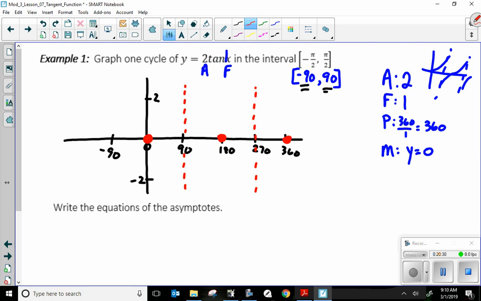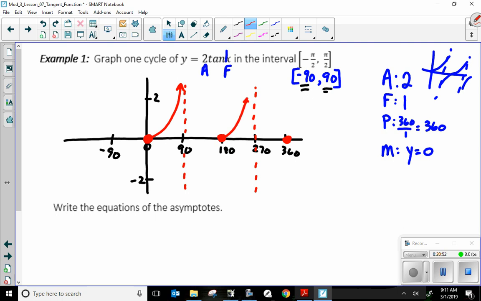Now look at it. Okay? Any dot, I go up and to the right. So I'm going to go up and to the right here. I don't have to worry about the rest of this. They only want me to graph this from negative 90 to 90. I have gone to 90, so up and to the right. If I had to, this would go up and to the right, but I don't have to.